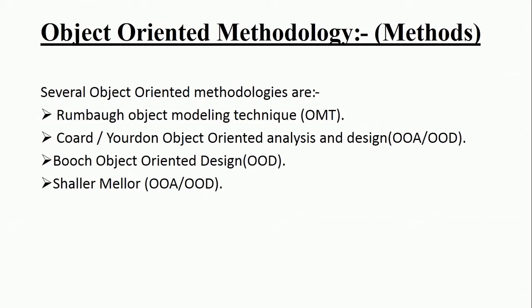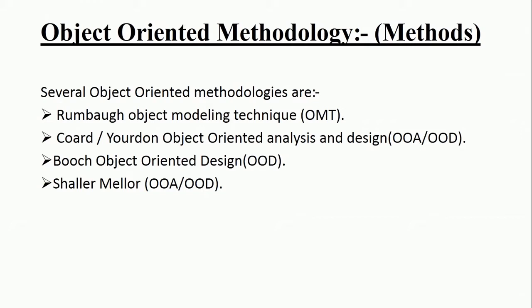Another point is that object-oriented methodology asks the analyst to determine what the objects of the system are, what responsibilities and relationships an object has to do with other objects, and how they behave over time. There are several object-oriented methodologies.